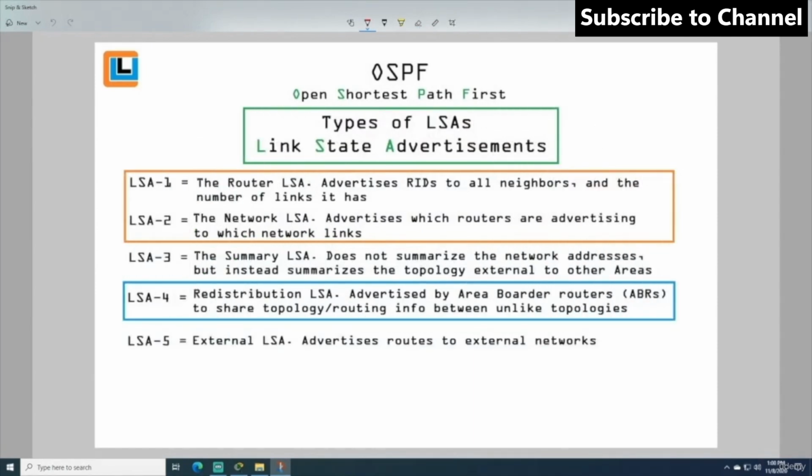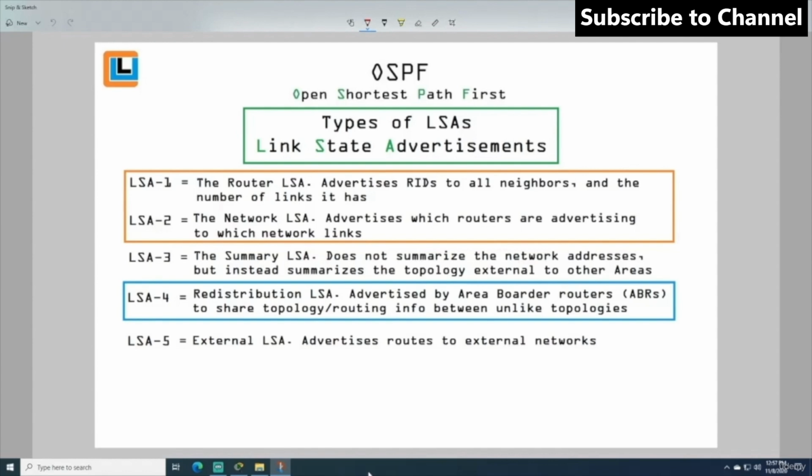Now let's learn about the different types of LSAs. LSA stands for Link State Advertisement, and this is how routers in an OSPF environment share routing information with each other. Now in our lab, we had one OSPF area, Area 0.